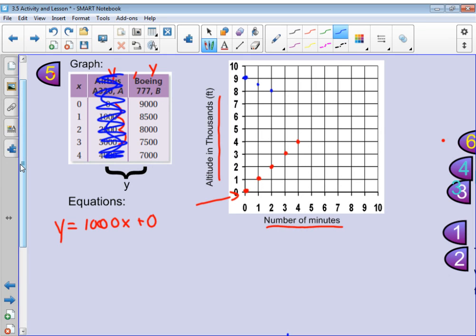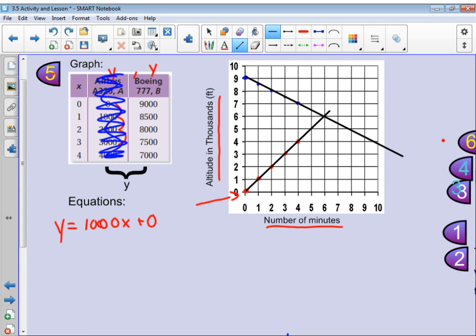Over to 3 up to 7,500. And over to 4 up to 7,000. Okay, so you can see that we can approximately figure out where these are going to intersect. But the problem is I was kind of guesstimating on some of those, so it may not be perfect. It looks to me like it's going to be probably at 6 minutes, but I will double check myself on that.